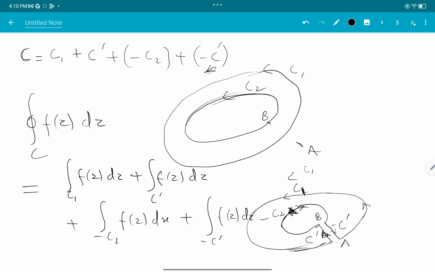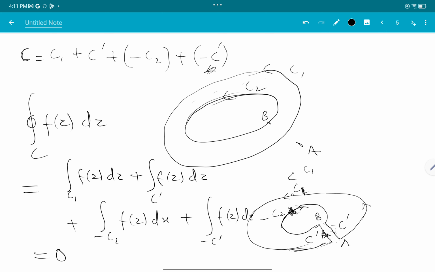Now look at this last one: this whole has to be 0, because all the paths are smooth. The function is analytic on them, and in between them the function is completely analytic. And that means this path C made up of these pieces is complete.